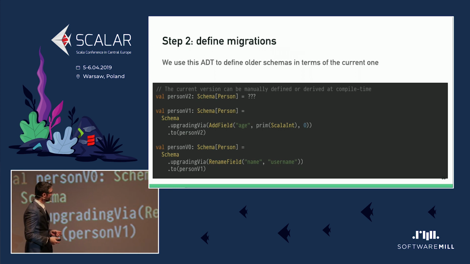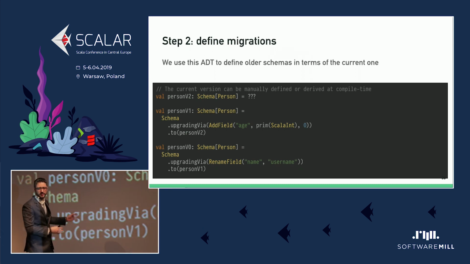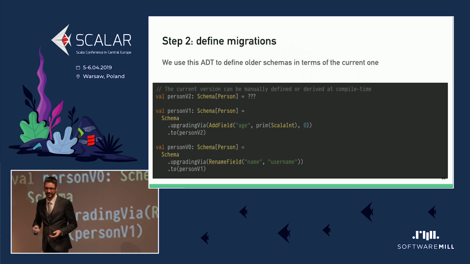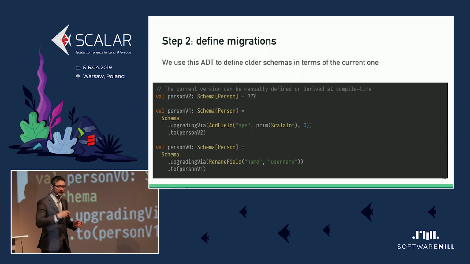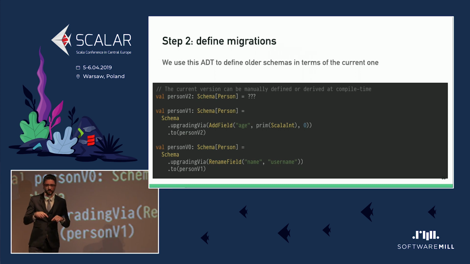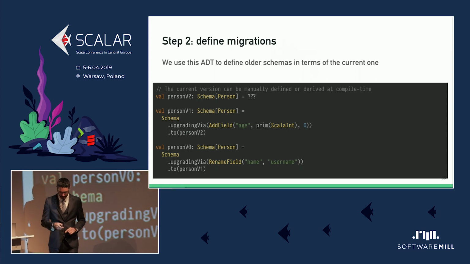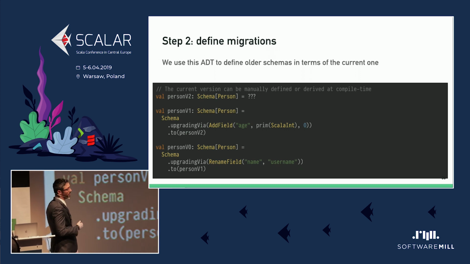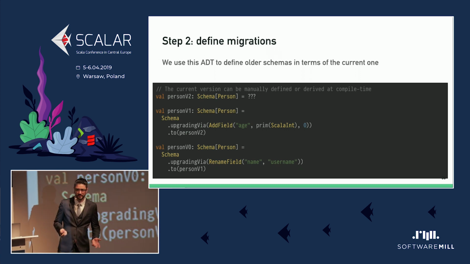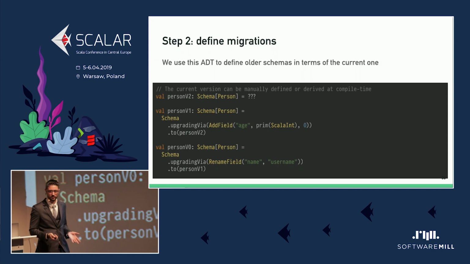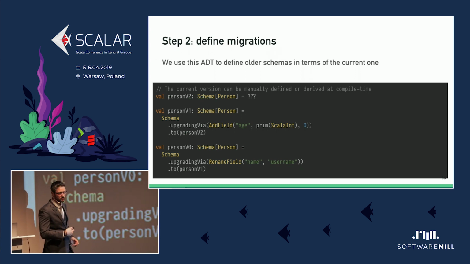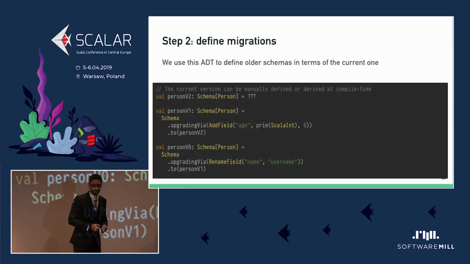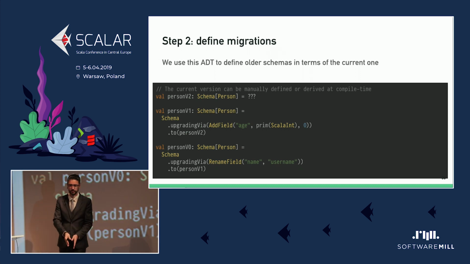Then you could, in this imaginary library expressing schemas, express, and that's important, the other schemas in terms of the current one. So for example, let's say I have a person data type in version 2. It's my current one. I just don't write it here. I could derive this one at compile time. That's OK, because it's the current one.